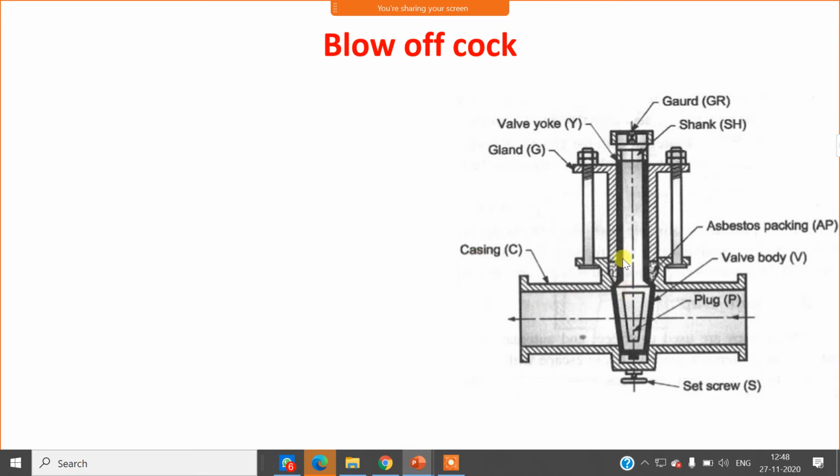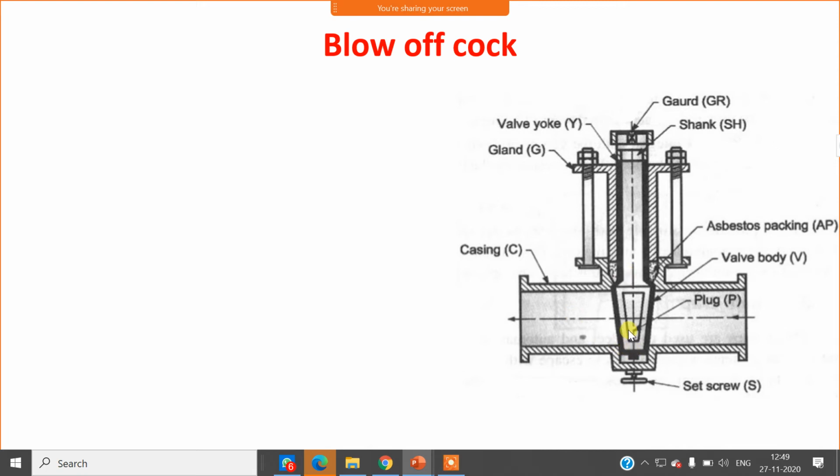Now, blow off cock is used every 5 to 6 hours for removing the mud and impurities which are collected at the bottom of the boiler. The water supplied to the boiler contains impurities. When the water is converted into steam, the impurities in the water settle down in the boiler.